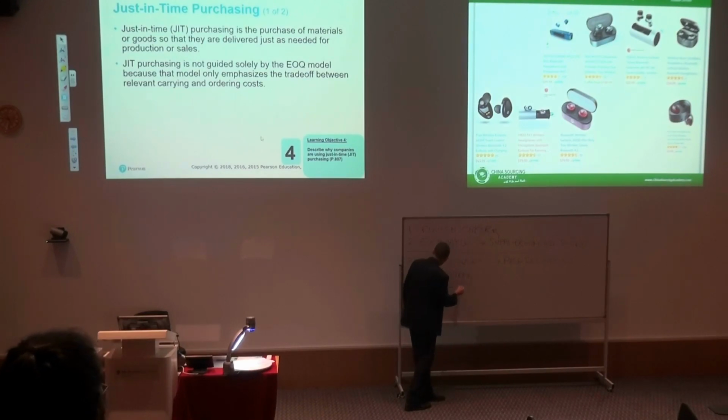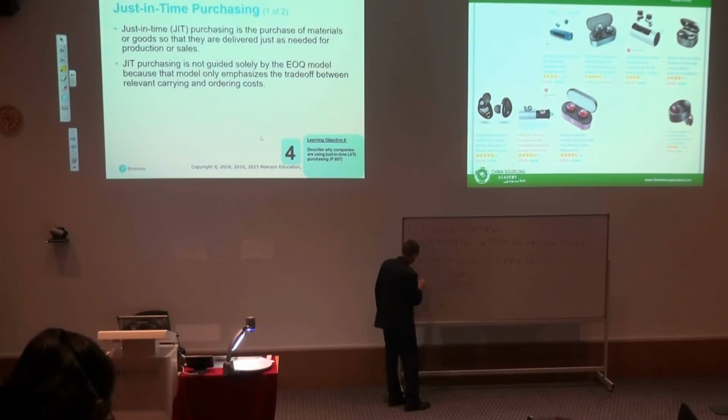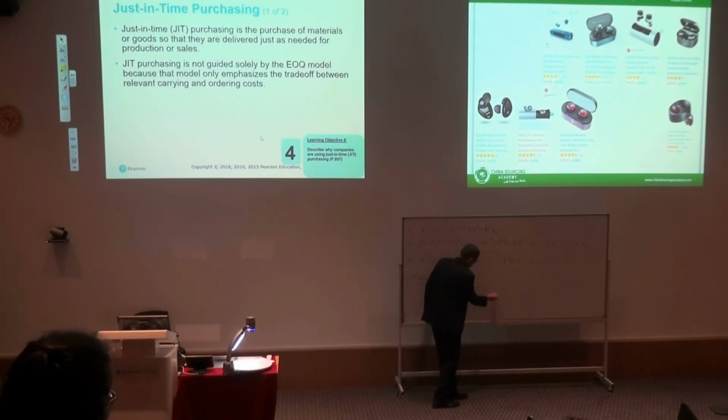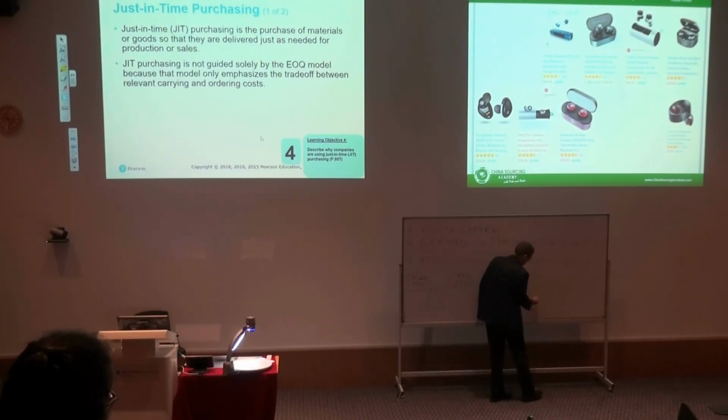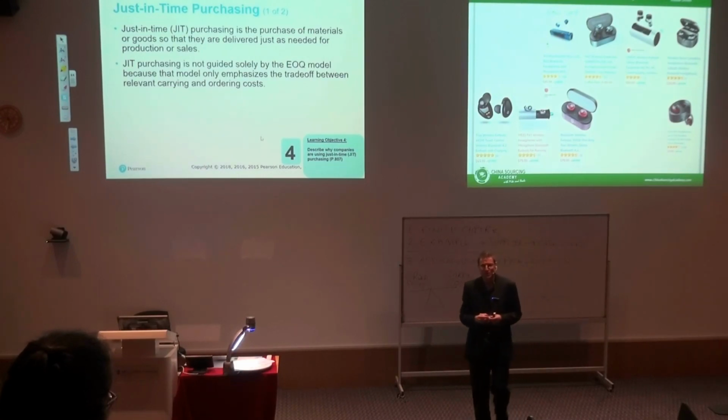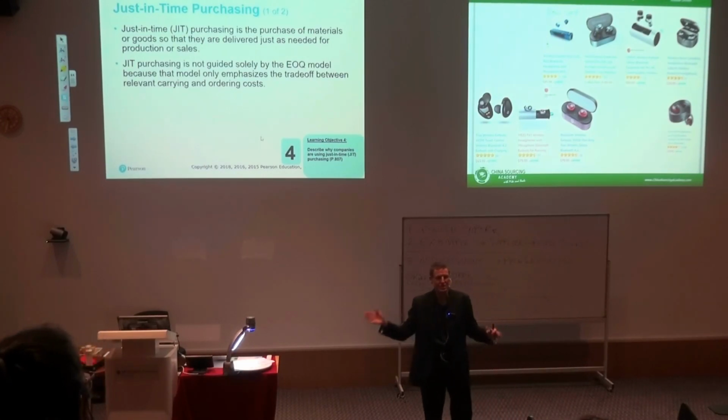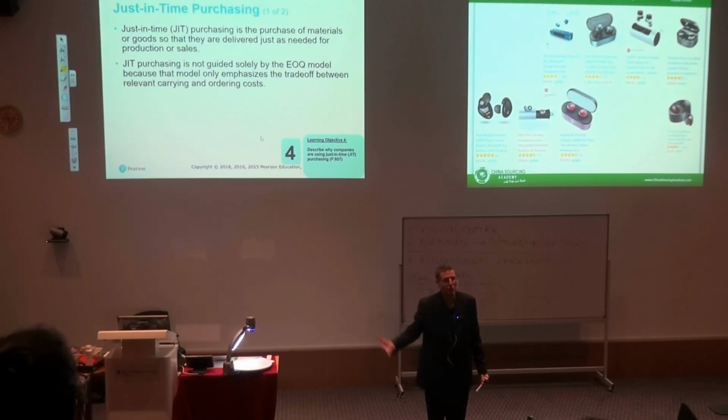Okay. All right. But the big idea of going to just-in-time is now we're not worried so much about ordering costs. Under just-in-time, you can do 300 orders a year because you automate the whole ordering process.